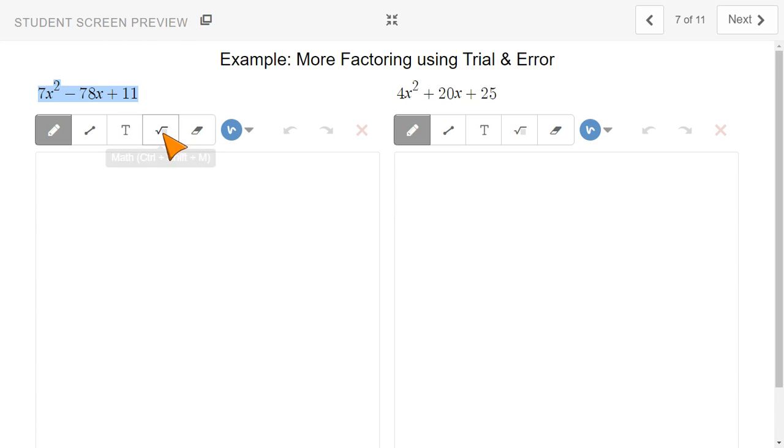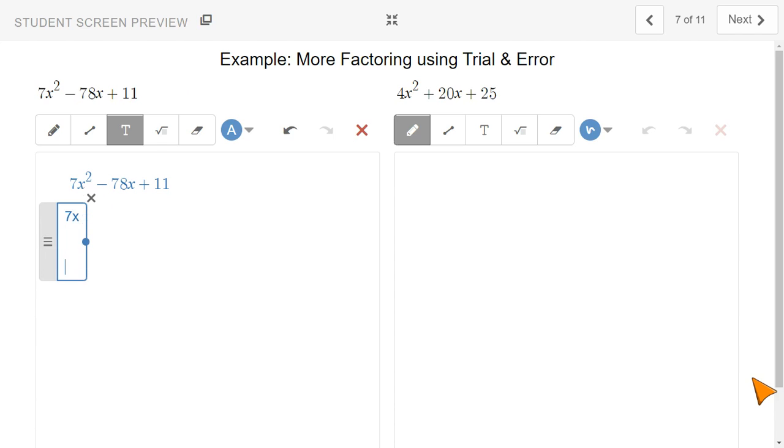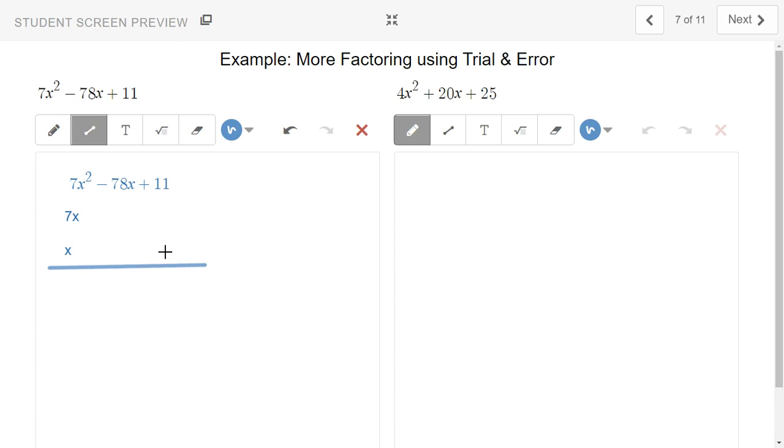7x squared minus 78x plus 11. I need factors of 7. I have 7x and x, and factors of 11, which will eventually add to negative 78x.